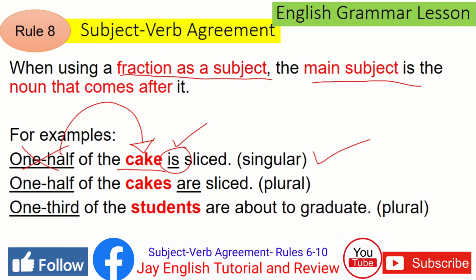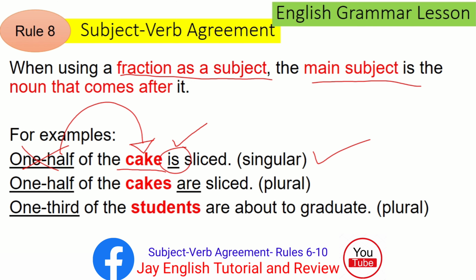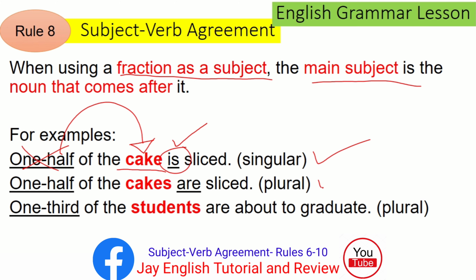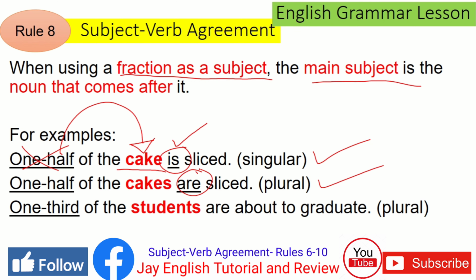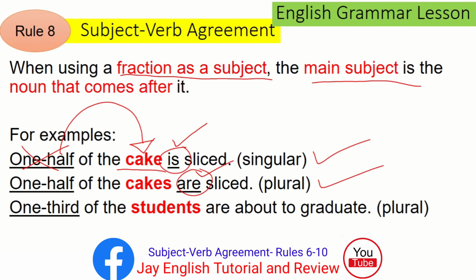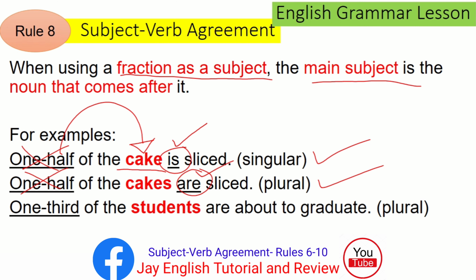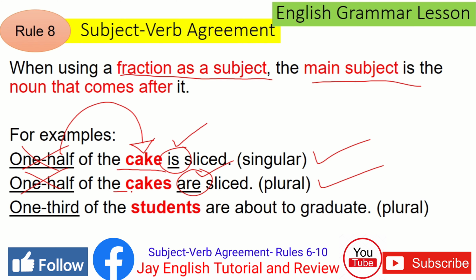So that is singular. Another example, 1/2 of the cakes are sliced. In this example, we are already using the plural verb, which is are. And if you can see, again, 1/2 is not the basis of identifying our main subject. It is the noun that comes after it. And from cake, it became cakes.